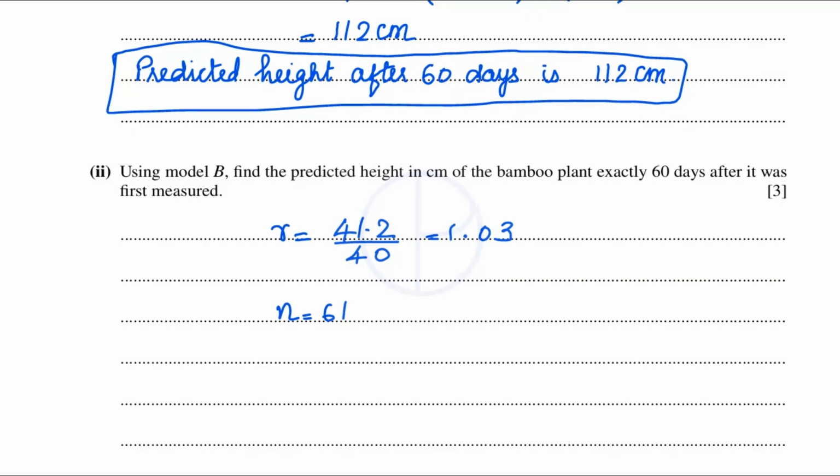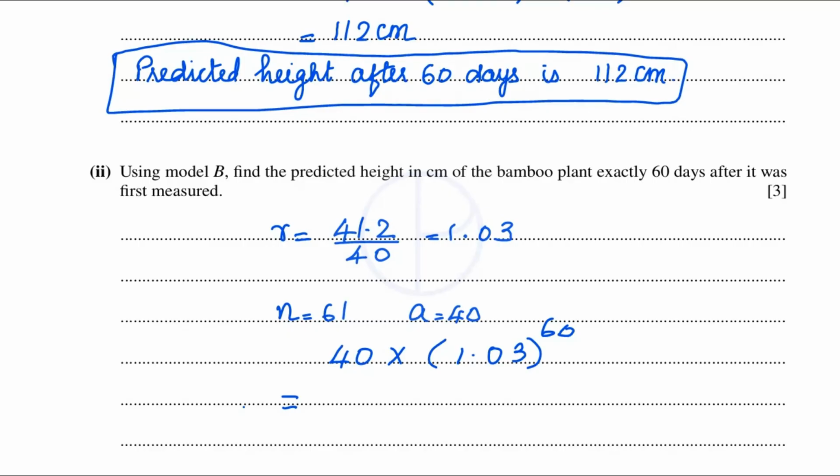So A times R power n minus 1, and A is 40. So it is 40 times 1.03 power n minus 1, which is 61 minus 1, 60.